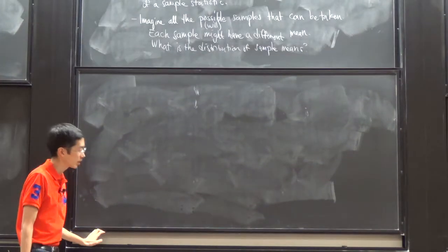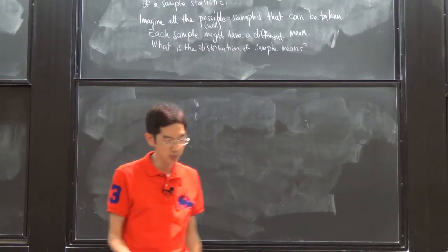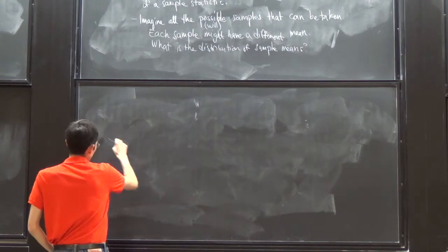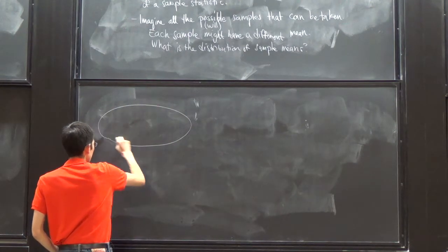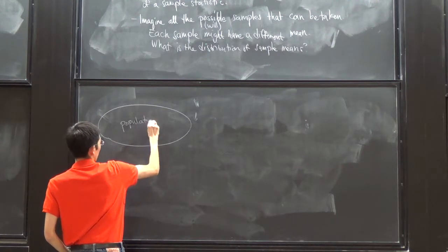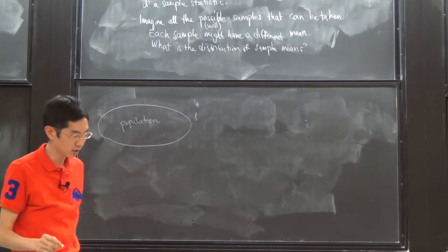For illustrative purposes, we can talk about how we could generate a sampling distribution, the quote-unquote hard way. So we might have a population. The population has lots and lots of people in it, or lots and lots of items.